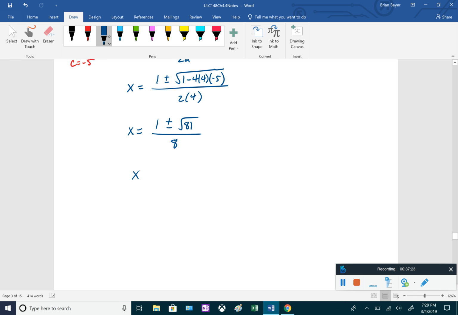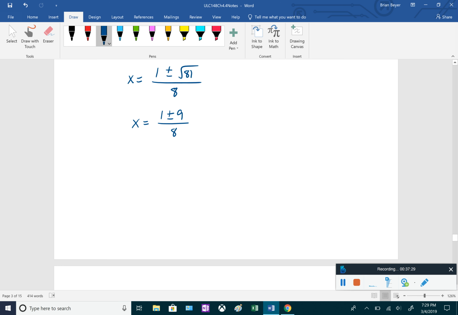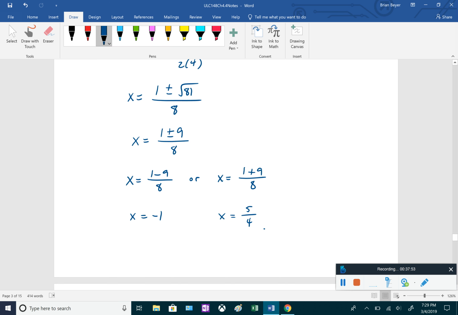This ends up being kind of nice because this ends up being 1 plus or minus 9 over 8. So that means we can split this up. X is either going to be 1 minus 9 over 8, or x is 1 plus 9 over 8. 1 minus 9 is negative 8. Negative 8 over 8 is negative 1. 1 plus 9 is 10. 10 over 8 simplifies to 5 over 4. So these are our two answers here, so let's check them.